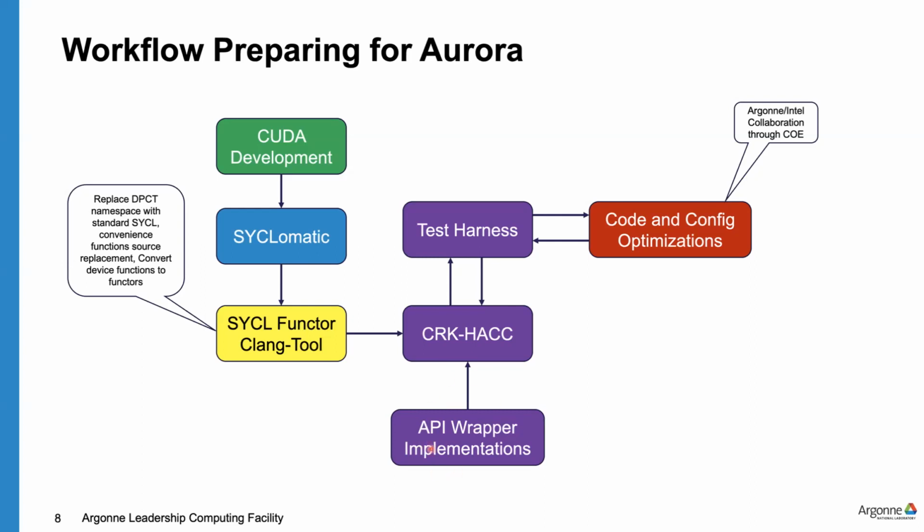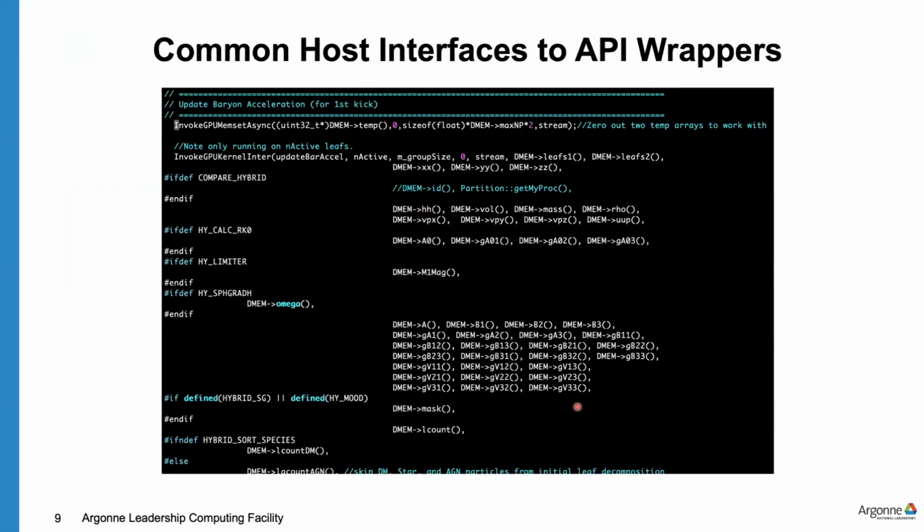Other than that, we of course need to write the individual API wrappers for the different implementations for CUDA, SYCL, and HIP. Here's what these common host interfaces for these API wrappers look like. This is inside the host side code that's shared across all of the implementations.